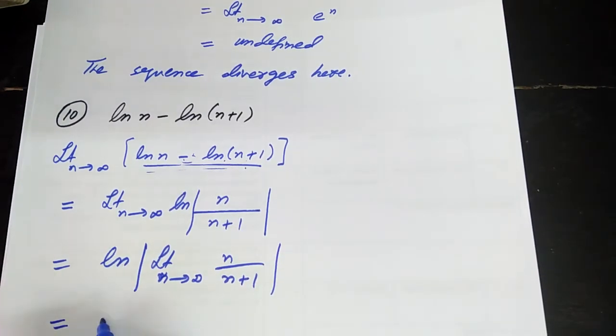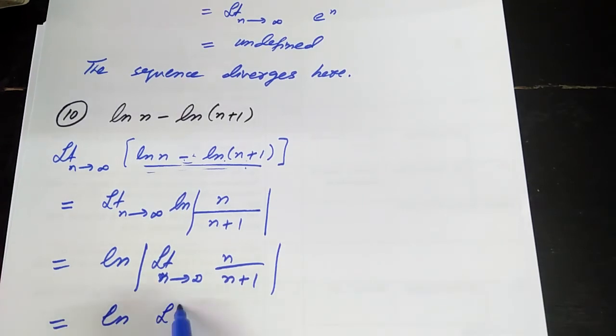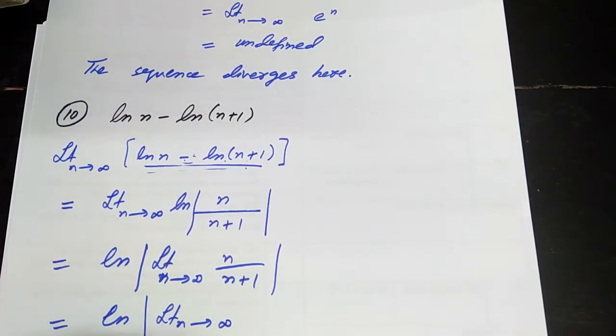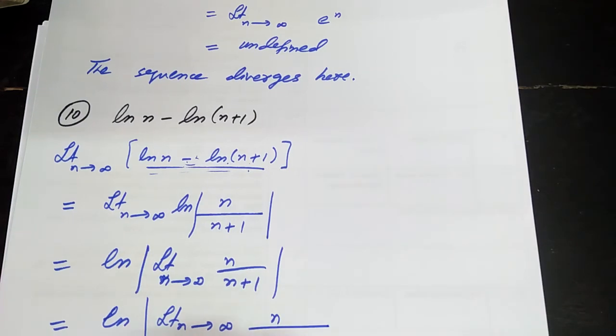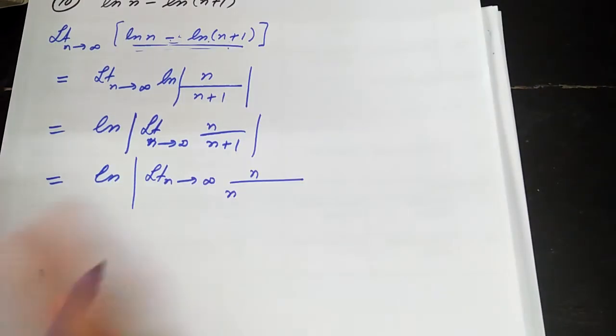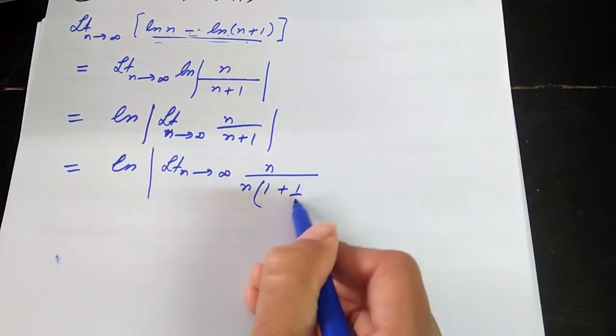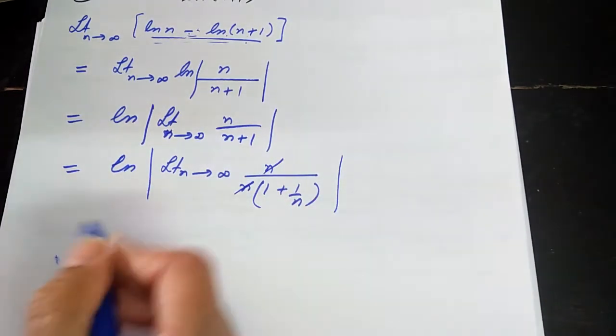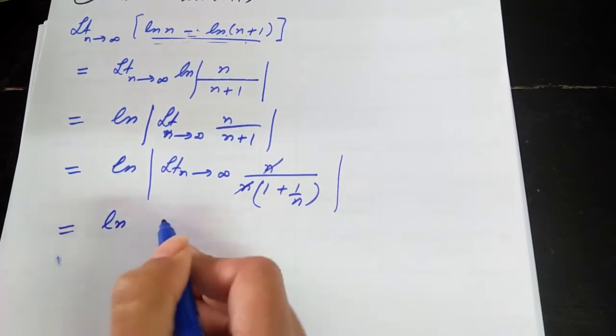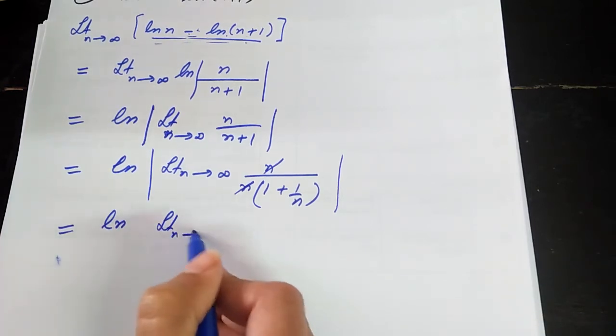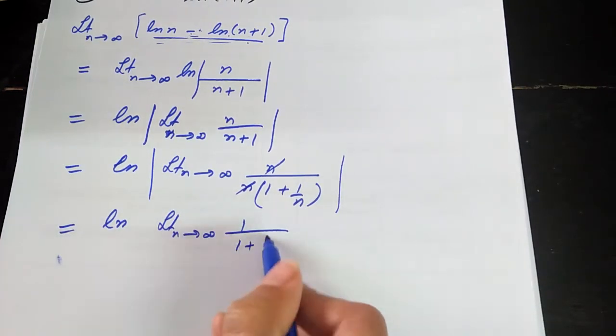It will become ln of the limit as n approaches infinity. Now I can take n common outside from the denominator. It will become 1 plus 1 over n. This n and this n will be cancelled. We get ln of the limit as n approaches infinity of 1 over 1 plus 1 over n.